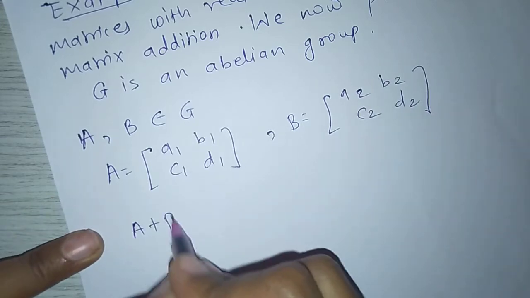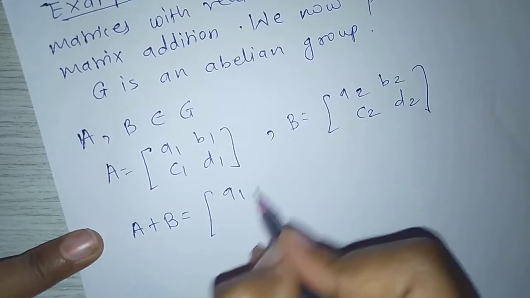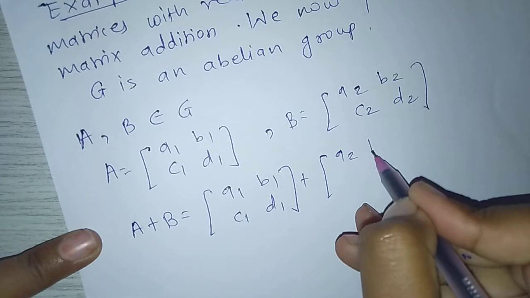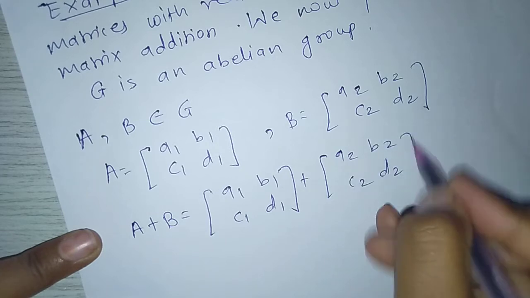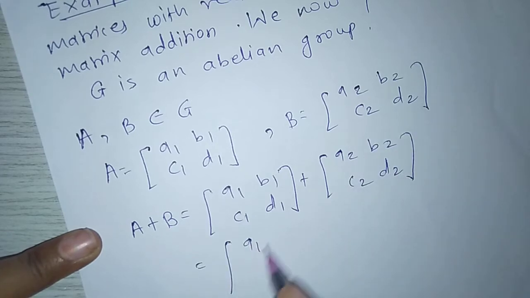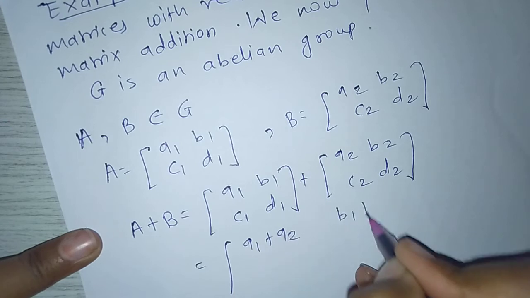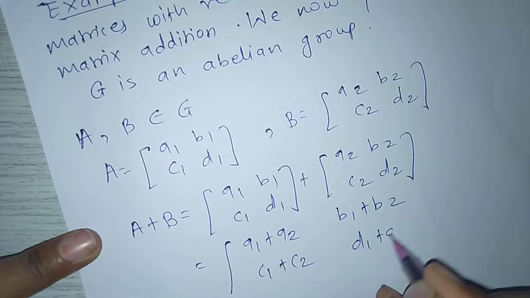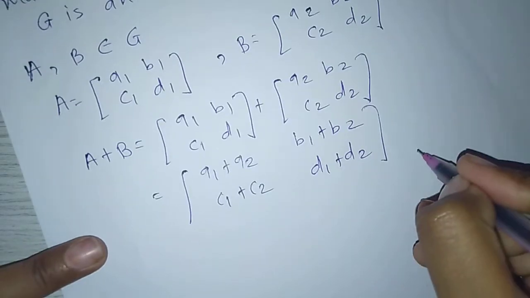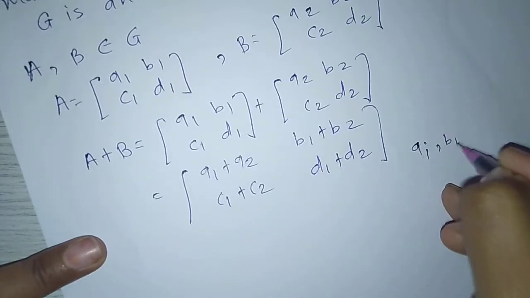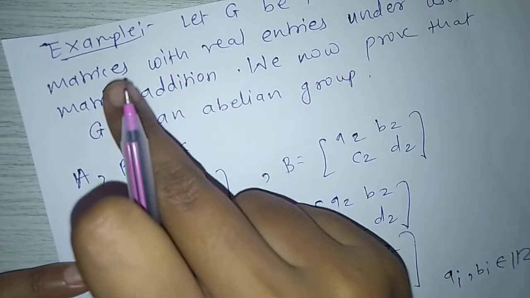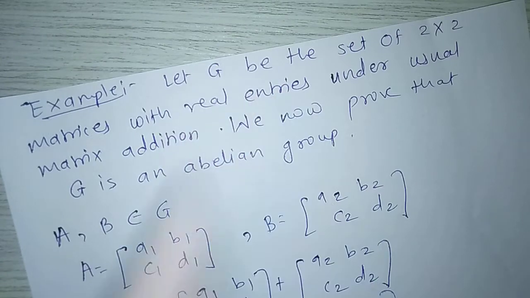Add these two, we get [a1 plus a2, b1 plus b2; c1 plus c2, d1 plus d2], where ai, bi belong to R, because G is the set of 2 by 2 matrices with real entries.